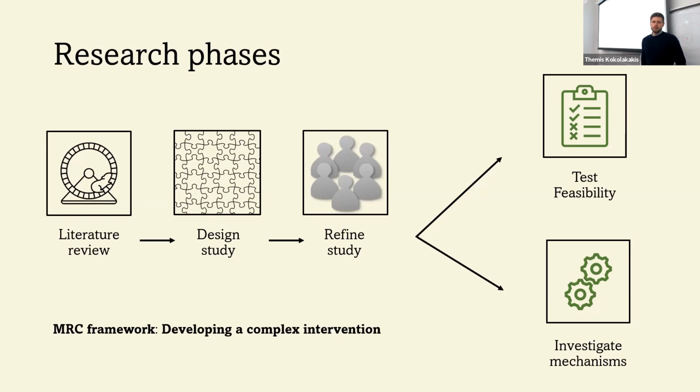We then took that to a PPI panel at Graves Health and Sports Centre, which consisted of stroke survivors, their family members, clinicians, and academics. We made some tweaks to the design, and the next phases were to test the feasibility of the intervention as well as the study procedures, and to conduct some mechanistic investigations. This was all aligned with the Medical Research Council framework for developing and evaluating complex interventions.